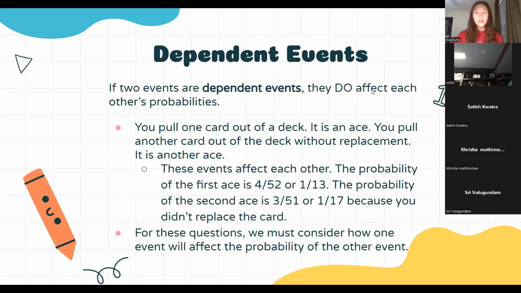You pull another card out of the deck without replacement. Without replacement is an important thing to see, because it means that after you draw a card, you're not going to put it back in the deck, you're just going to leave it out.